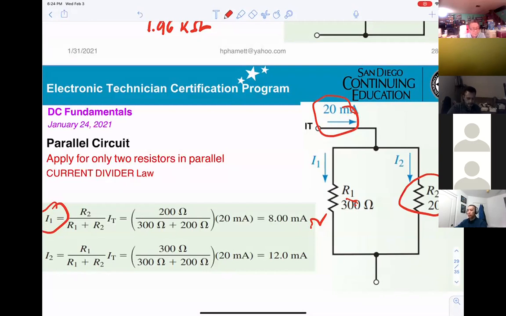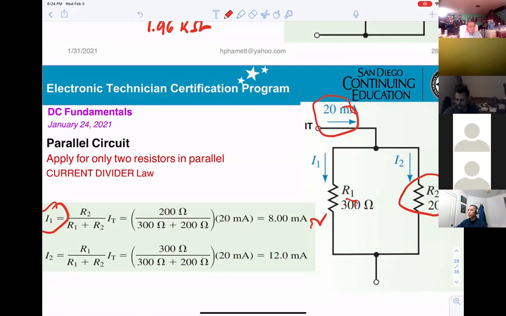The current divider law only works for 2 resistors. Anything more than 2 does not work, correct? Exactly. That's what we said, it applies for only 2 resistors in parallel. Oh, you're correct.